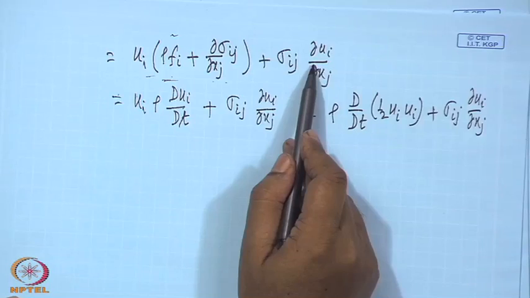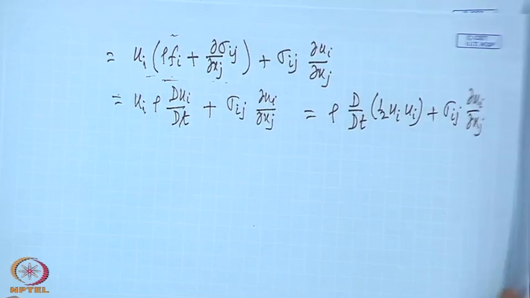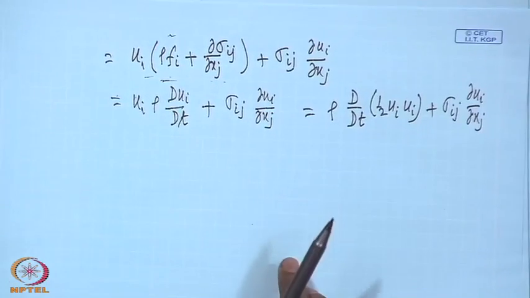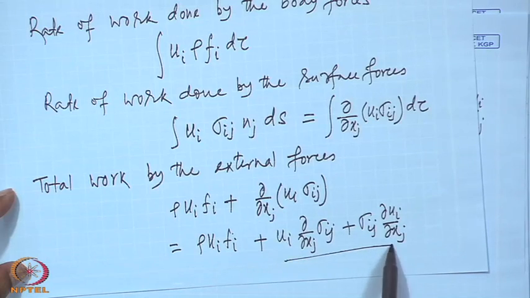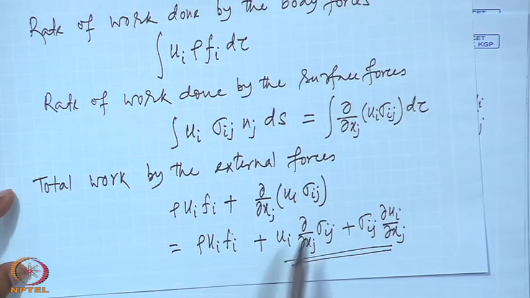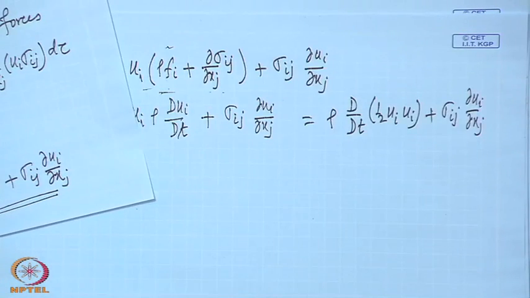The work by the surface force has two terms in it, and one part has gone to this kinetic energy term. So the volume force along with a part of the surface force is responsible for the change in the kinetic energy of the bulk motion.